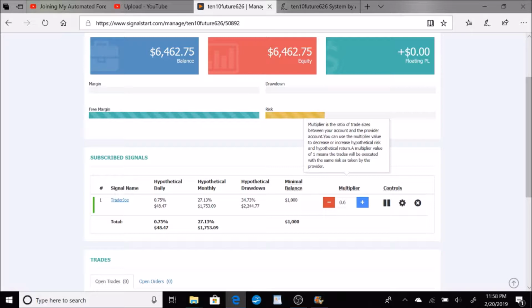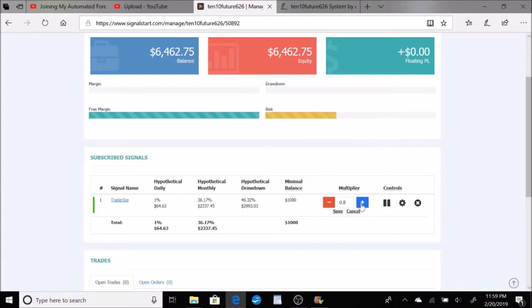So let's say I'm risking half of my account. This multiplier will adjust your risk, which is awesome. I really like this. Let's say it's set at 1.